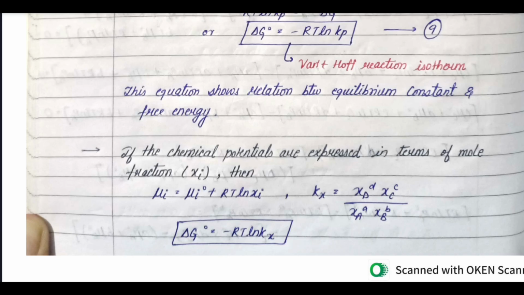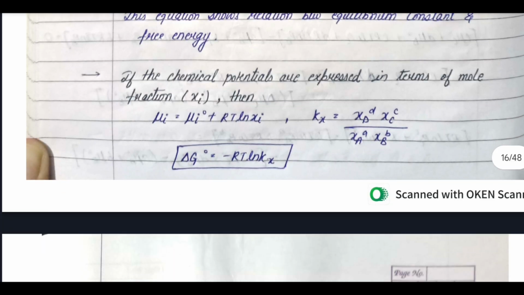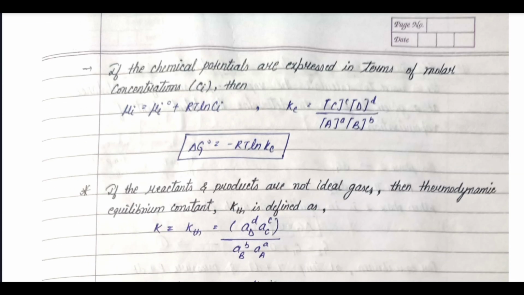If the chemical potentials are expressed in terms of mole fraction xi, then mu i equals mu i naught plus RT ln xi and delta G naught equals minus RT ln Kx. If expressed in terms of molar concentration Ci, then mu i equals mu i naught plus RT ln Ci and delta G naught equals minus RT ln Kc.